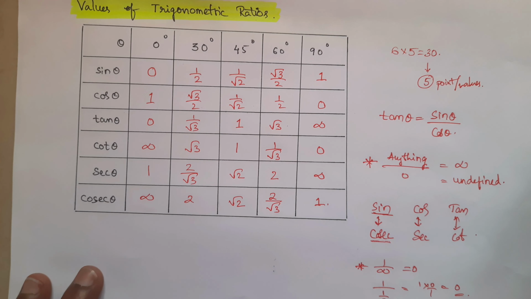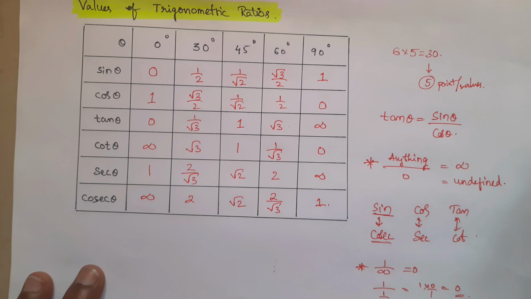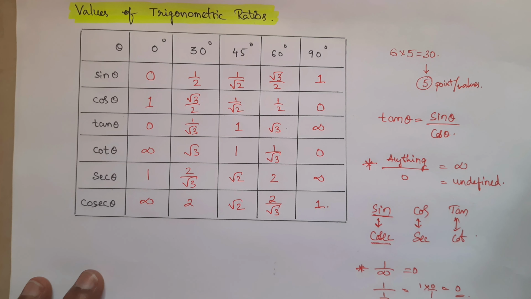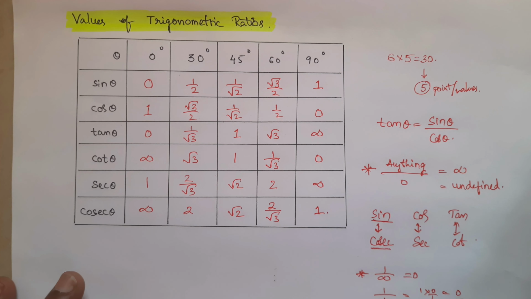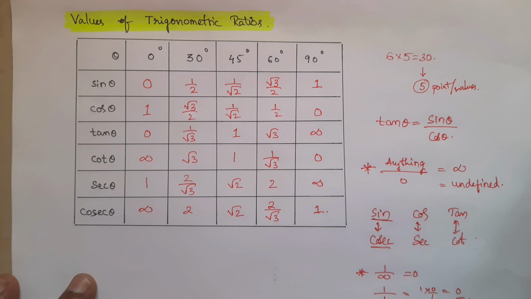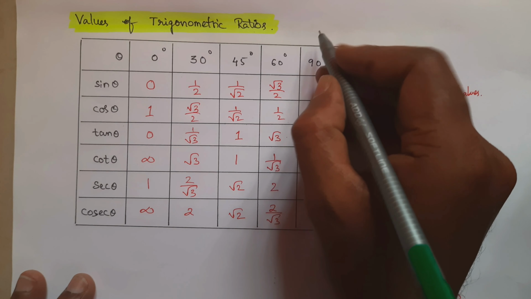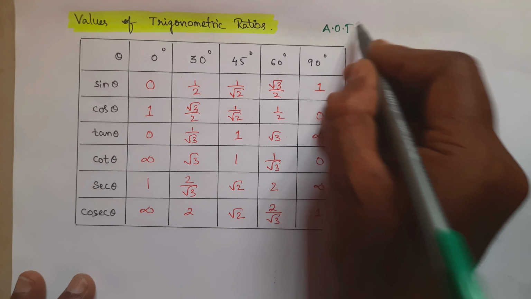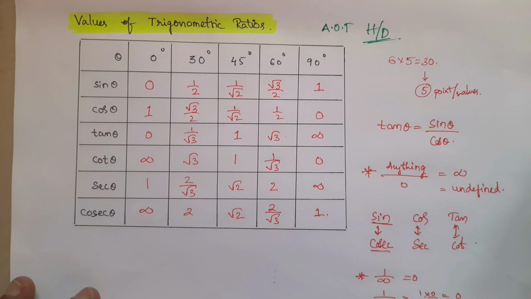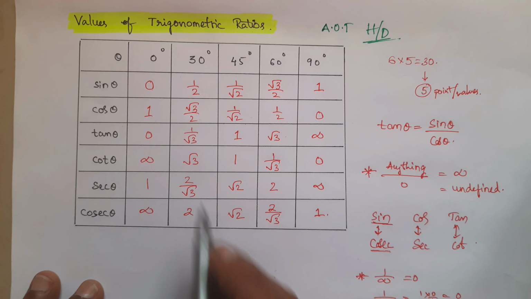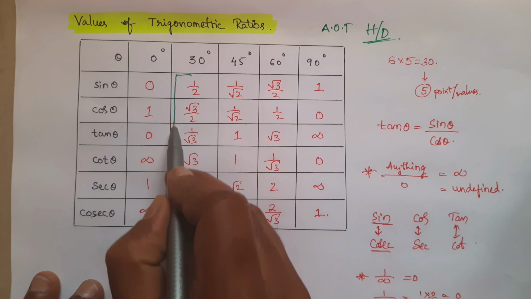So see guys, like this we have to find the trigonometric ratio values, those angle values in terms of these trigonometric ratios. And particularly in your class 10, when you are discussing applications of trigonometry, nothing but heights and distances, the values which are very important and helpful for you are, see guys, I will mark these.